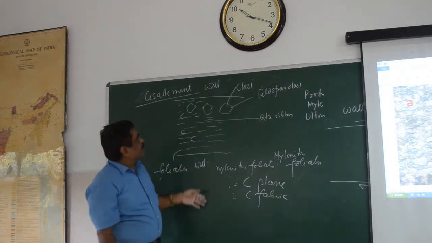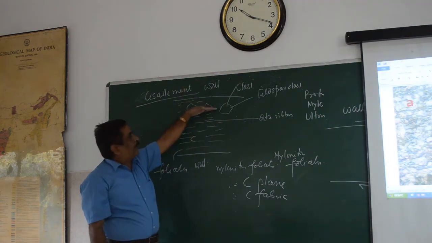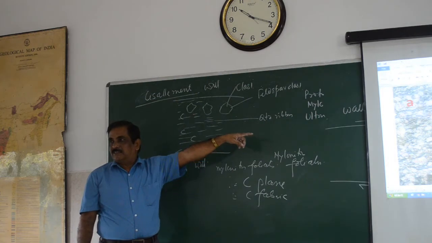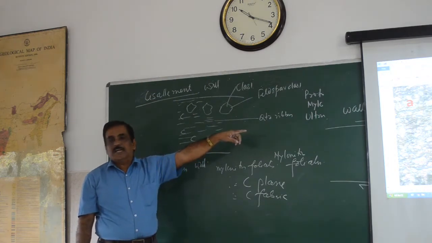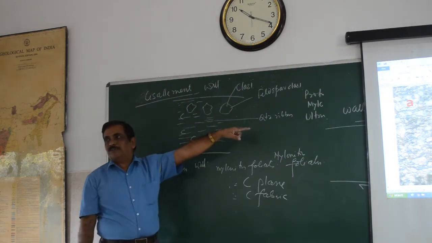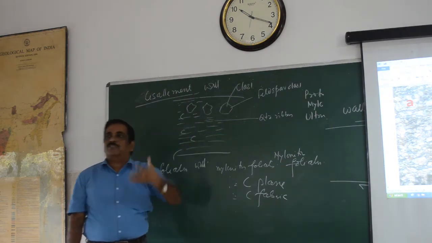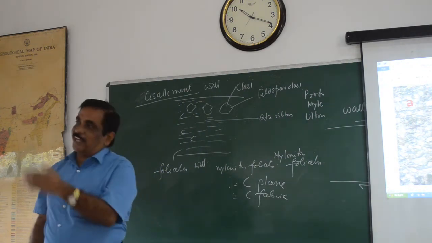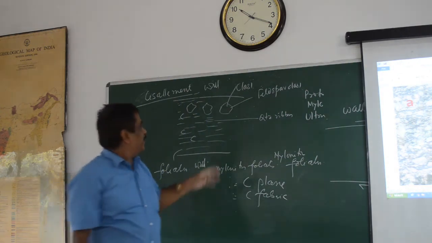Suppose you are working like this. Here you will find rocks are highly foliated, porphyroclasts are present. Understood? Now, if you cross over this, those type of foliation planes will not be there. It is a homogeneous rock. So how to define the boundary? What is the strike of the boundary plane?